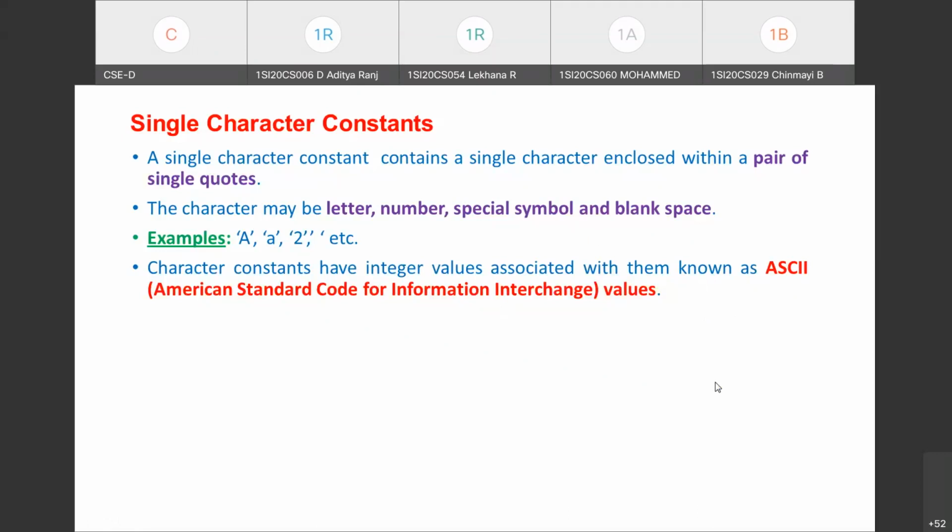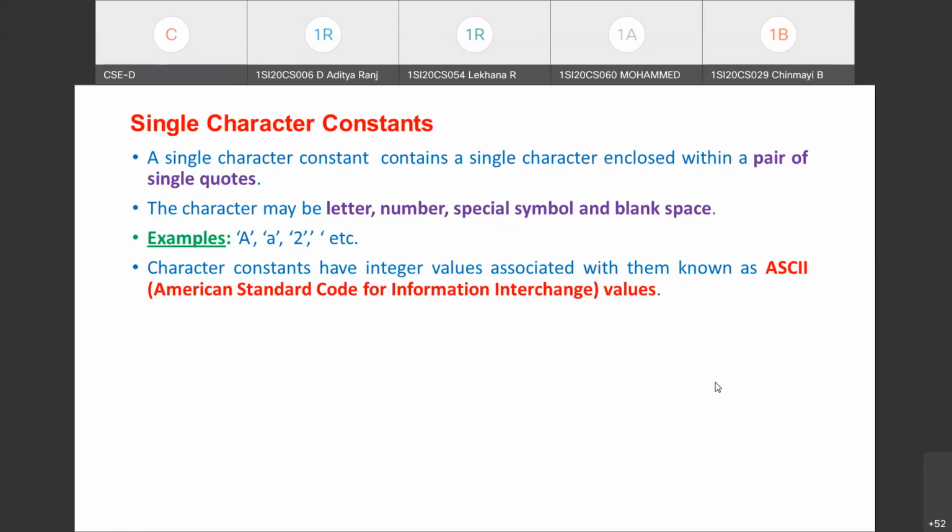If you want to know the ASCII value associated with a character, you just write a printf statement. For any particular character in the character set, if you want to know its ASCII value, just write a printf statement. Now you know the format specifier to be used to print the ASCII value. ASCII value is nothing but an integer value.